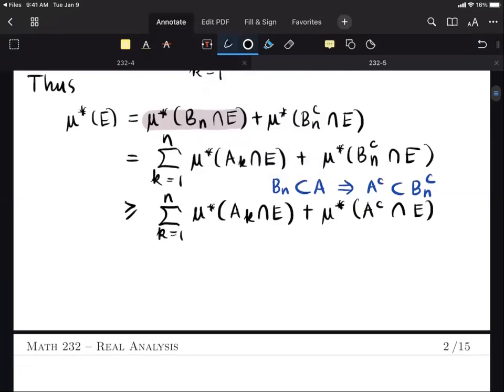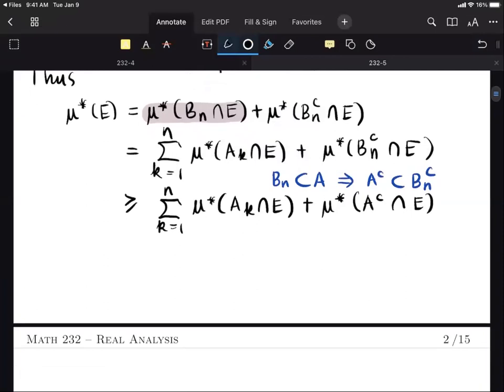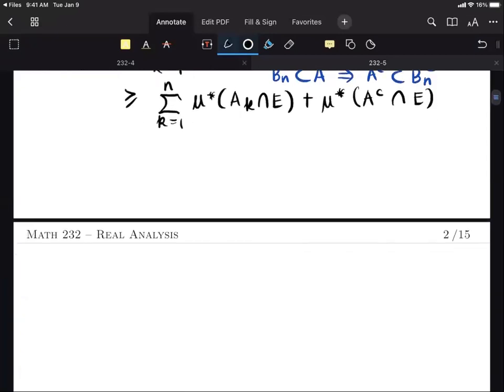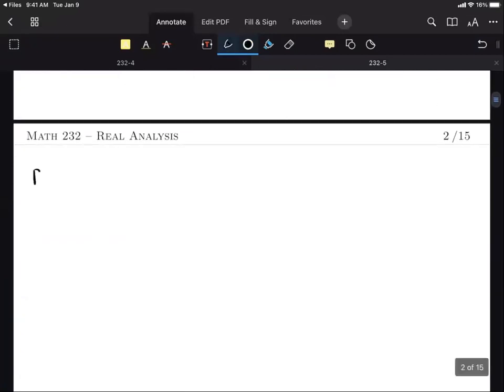So based on this inequality, we can now pass n to infinity, and this would now turn to an infinite series. So with that, we will get that the outer measure of E is greater than or equal to this series.